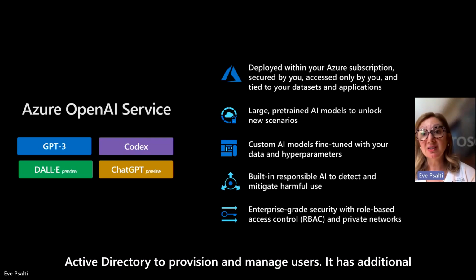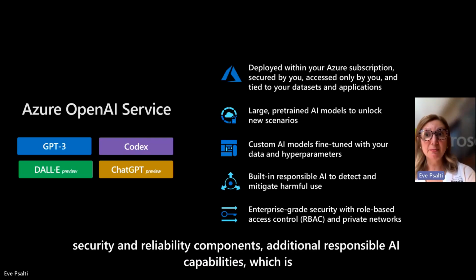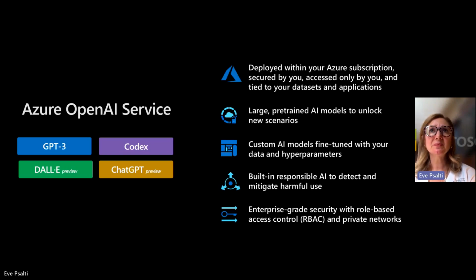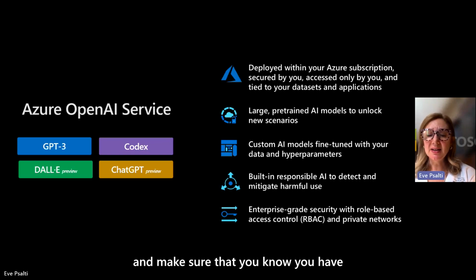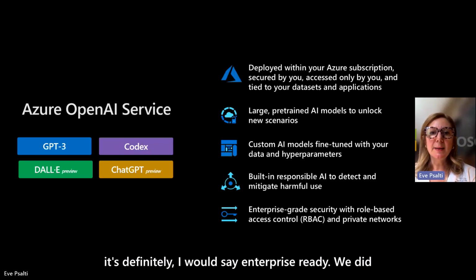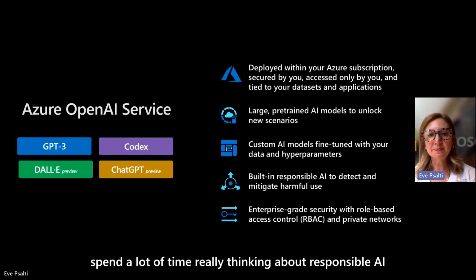It has additional security and reliability components, additional responsible AI capabilities, which is really great for traceability and to make sure that you have the right filters to block harmful or biased results. So it's definitely, I would say, enterprise ready.